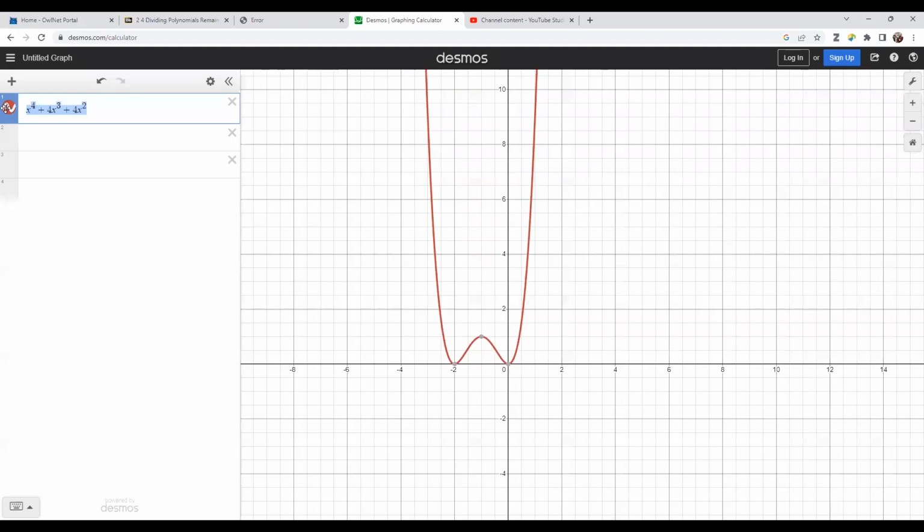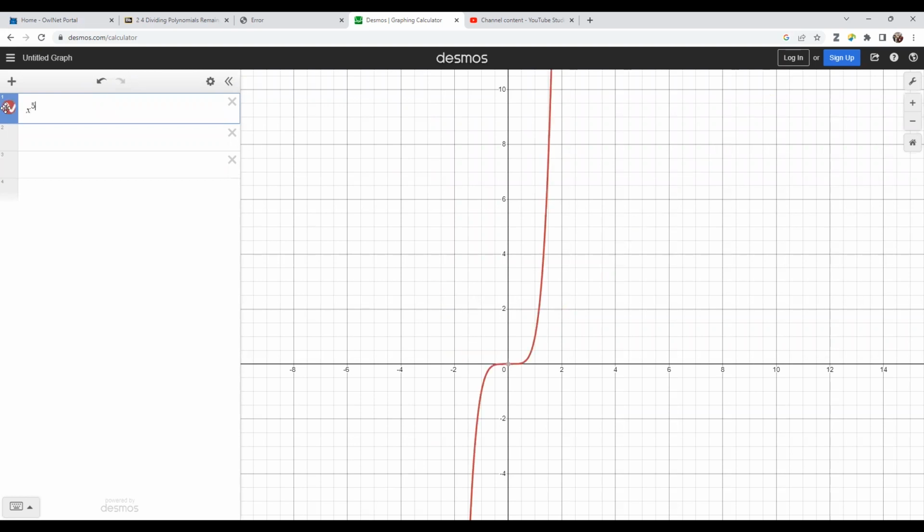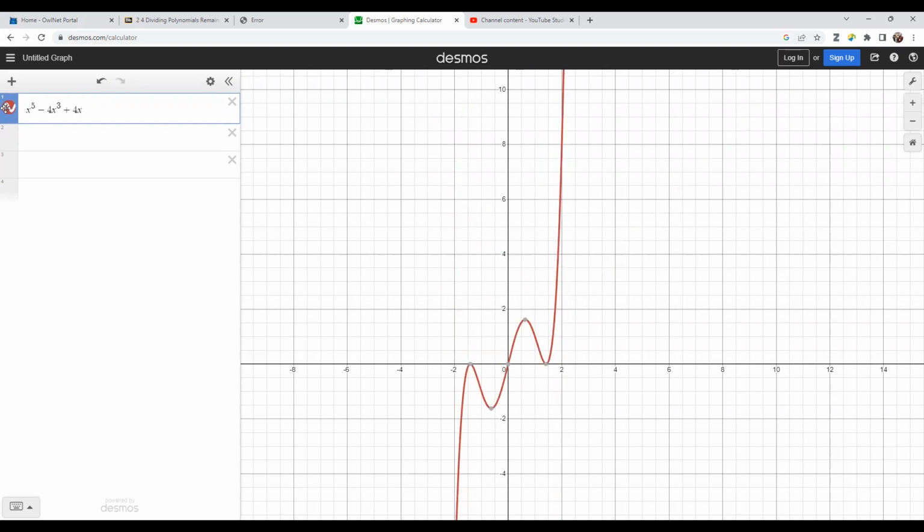We want the function x to the 5th minus 4x cubed plus 4x. There we are. All right, so x to the 5th minus 4x cubed plus 4x looks good.